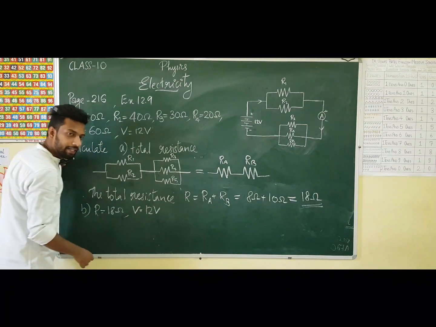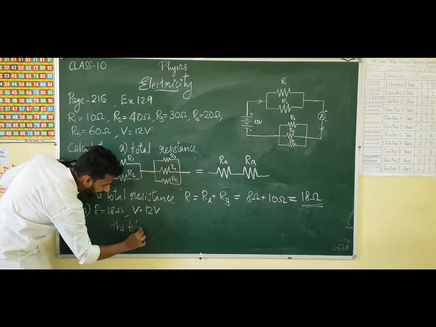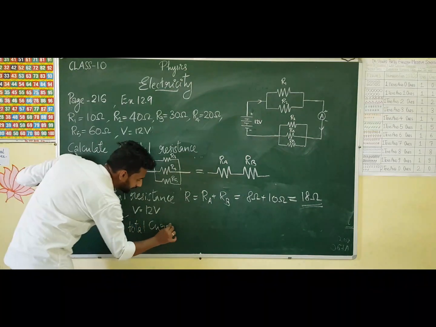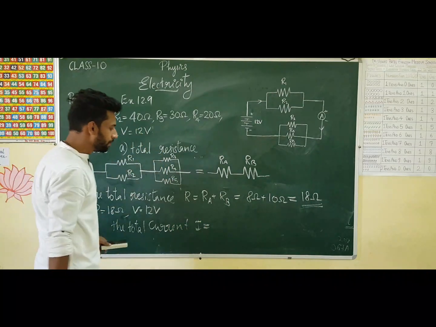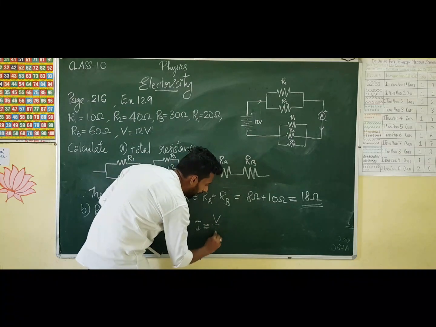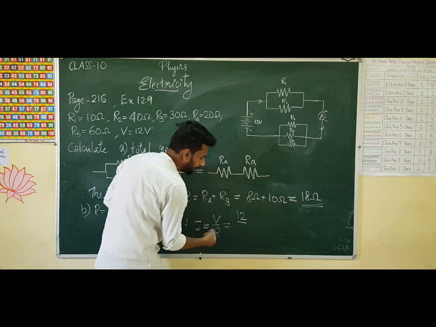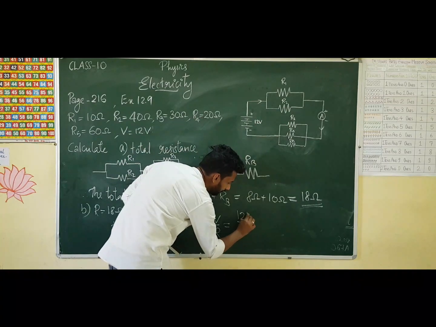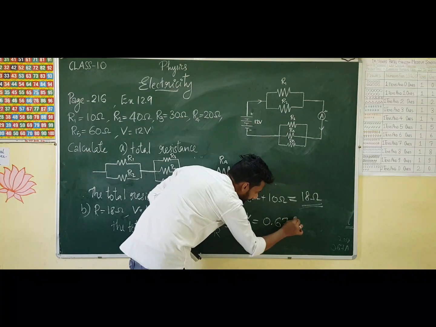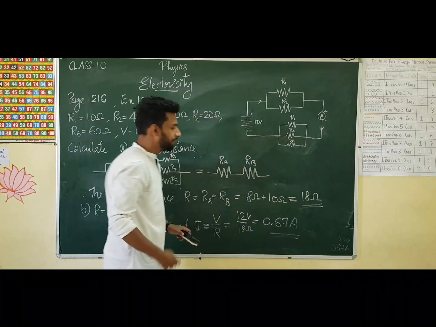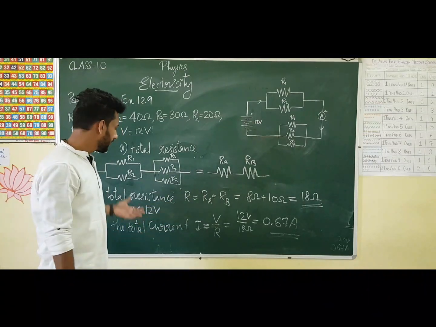Now we can calculate the total current in the circuit, represented by I. Now you can apply Ohm's law: I equal to V by R. Substitute the values, V equal to 12 volt and R equal to 18 ohm. So our answer will be 0.67 ampere.